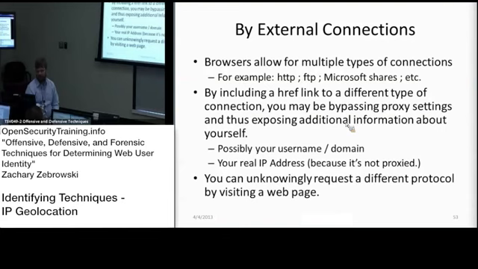So if your browser supports these other external protocols other than HTTP, and they're not going through the web proxy that MITRE provides, or the web proxy that you're using at another location, that could possibly be exposing your actual location. Does that make sense?